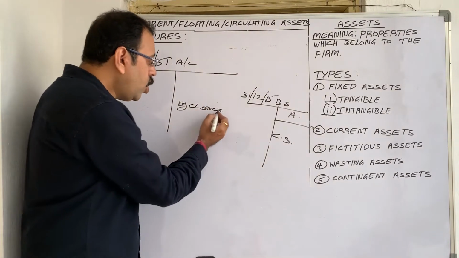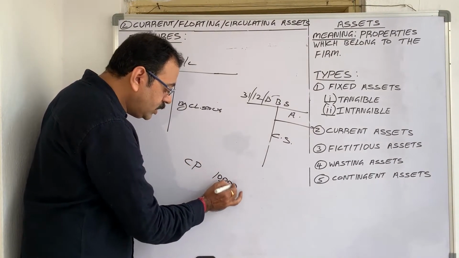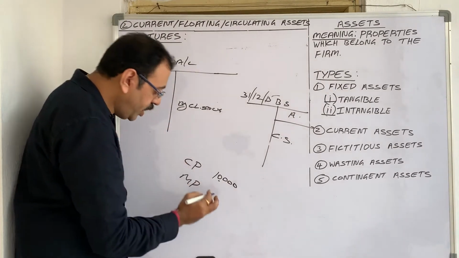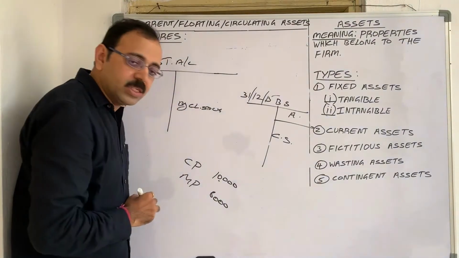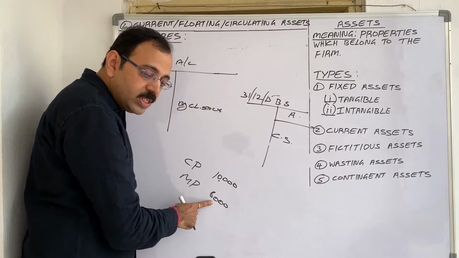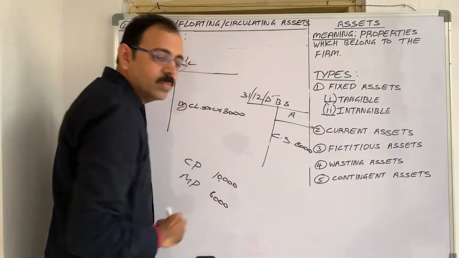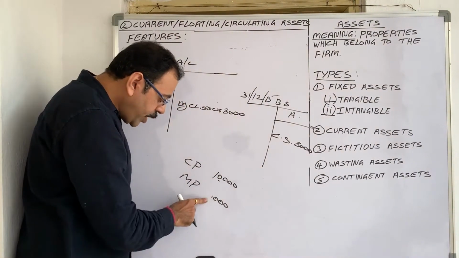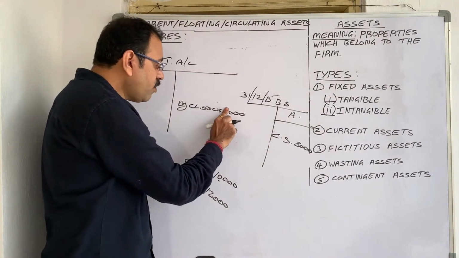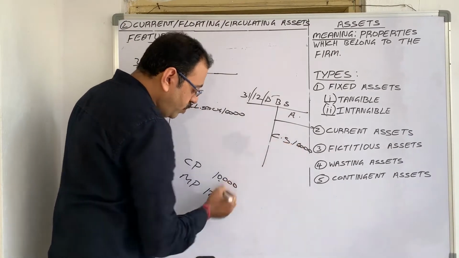For example, closing stock cost price is 10,000 rupees and market price on 31st December 2015 is 8,000 rupees. Then which price should we show in the books? 8,000 is less, so 8,000 we have to show here. Suppose the market price is 12,000 rupees. In that case, closing stock value should be 10,000 rupees only, not 12,000.